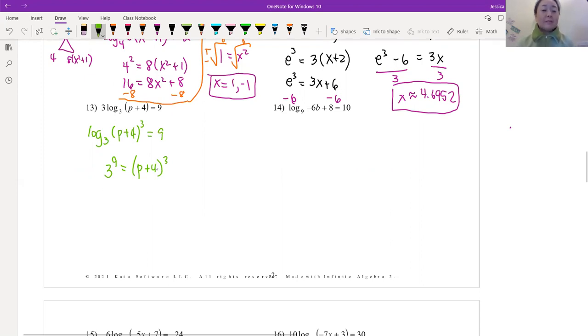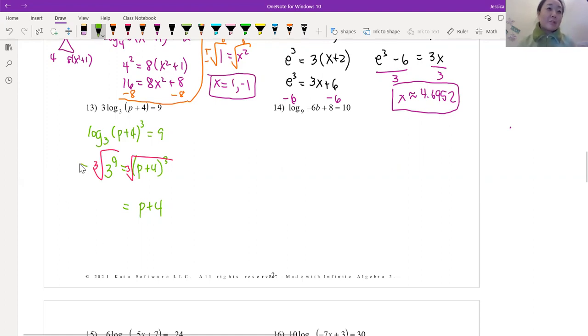But technically we can just use our knowledge of exponents right here, right? So if I cube root this, I cube root this, right? What is the cube root of 3 to the 9th power? P plus 4 right here.